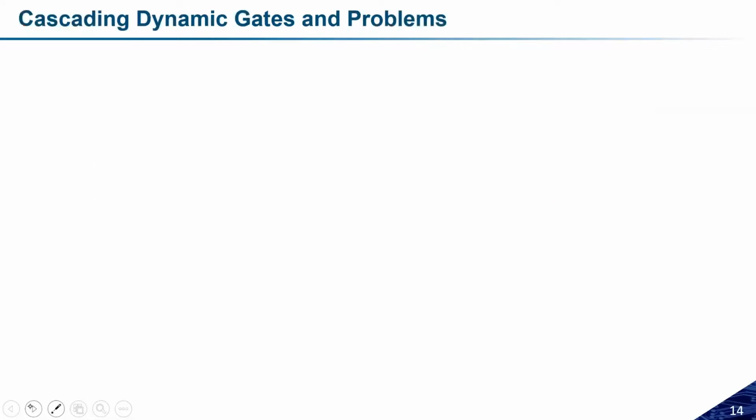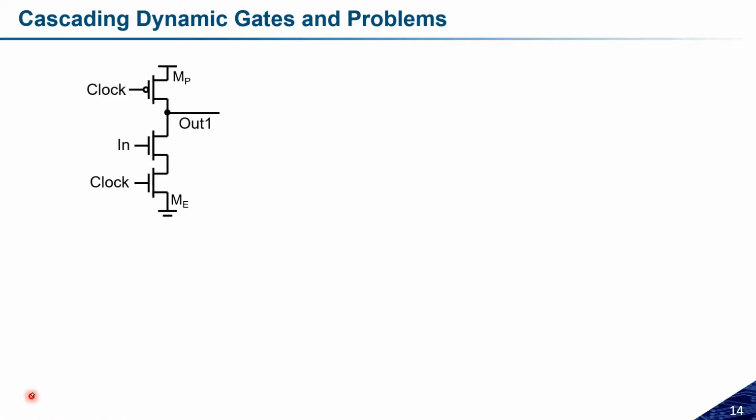Now let us talk about what kind of problem we can face if I cascade 2 dynamic gates. Cascading means just connecting two gates back to back. In that case, we might face some problem, so let us try to understand it. Suppose I have a dynamic gate, something like this.